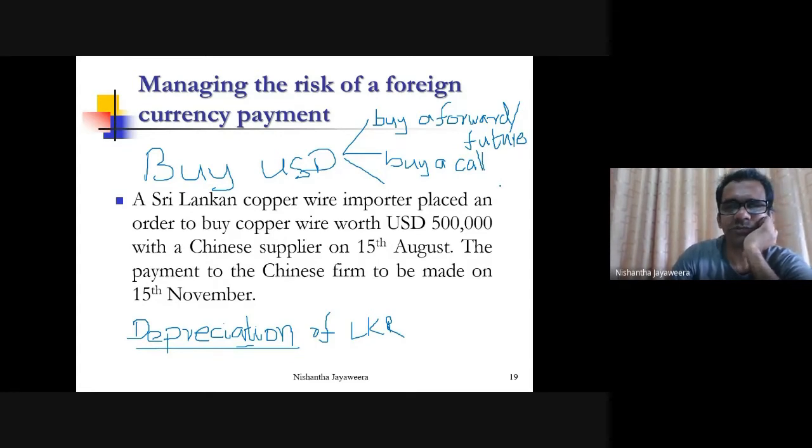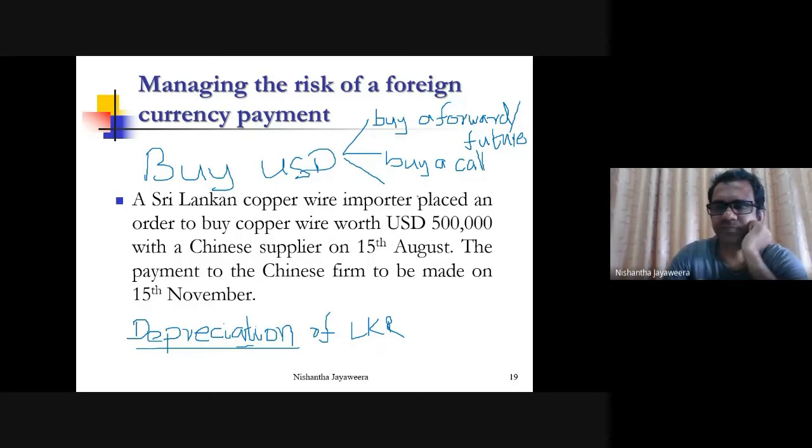So buy a call. If the price goes beyond that, still you can buy the underlying asset at the strike price. You don't have to worry about the price increase.